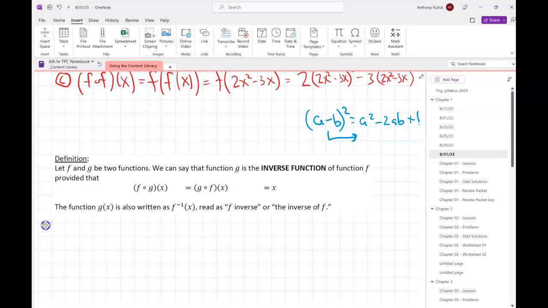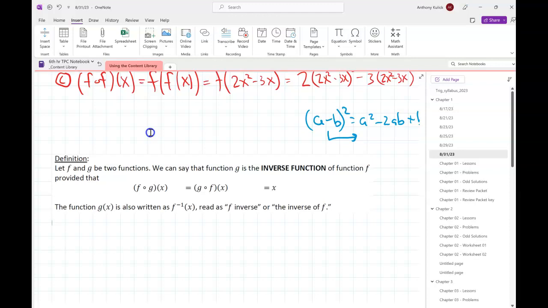Here we say let f and g be 2 functions. We say that g is the inverse function of f provided that F compose G equals G compose F, and both of those simplify down to just X. In this case, we give G of X a special name.